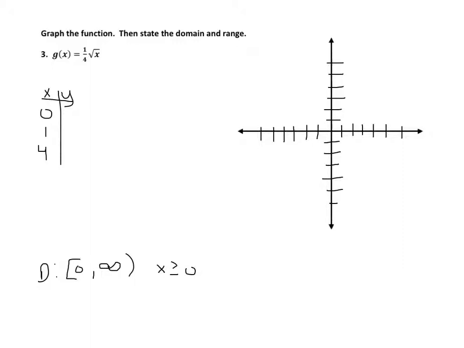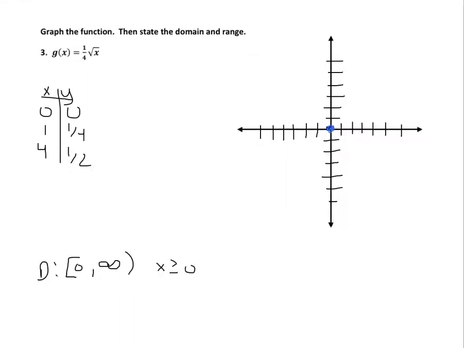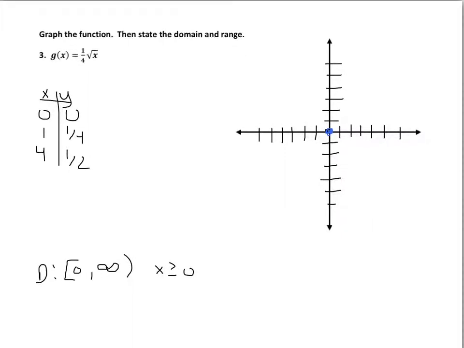So if I plugged in 0, I'd get 0. If I plugged in 1, I'd get 1/4. If I plugged in 4, I'd get 1/2. So I get 0, 0. Since they're so close here, I do 0, 0, 1, 1/4, 4, 1/2. So this is going to be a very small increasing line.